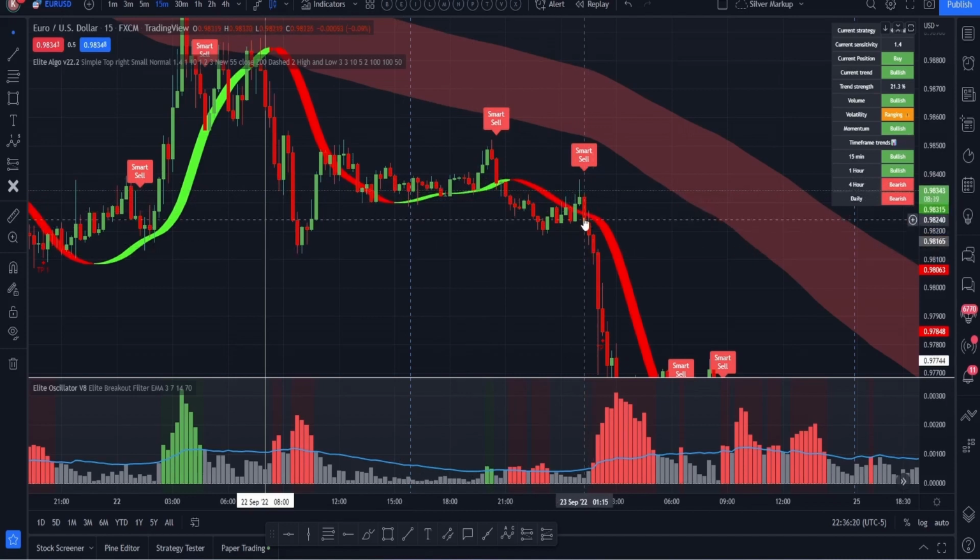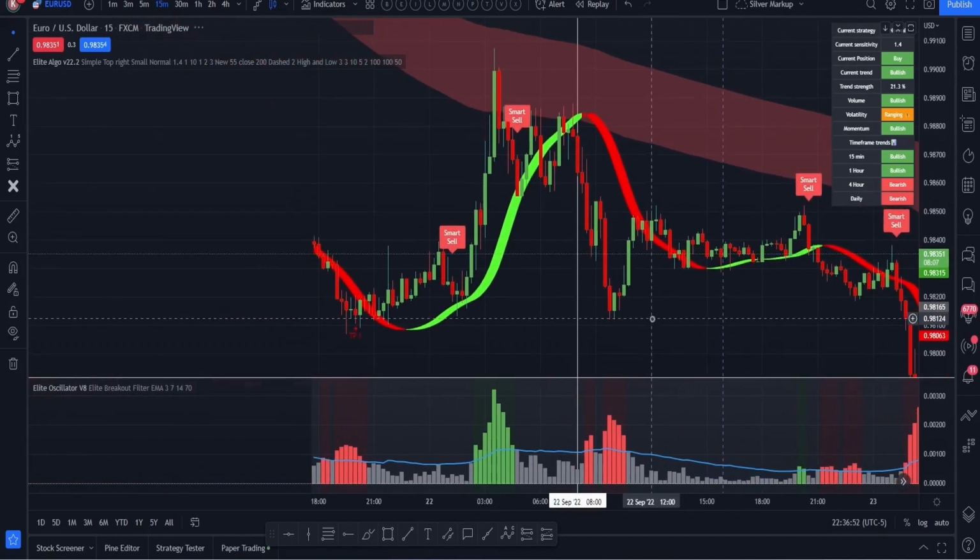Obviously you want to get in on bearish candles for a sell. But as far as the trend cloud, you want it to be the opposite trend. Go into the trend color, then wait for price to pull back into the trend cloud, the faster one, the smaller one. And you can trade it when it touches it, or you can be more conservative and trade it when it turns red here.